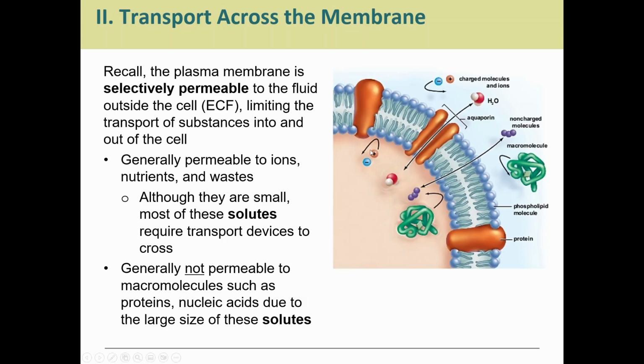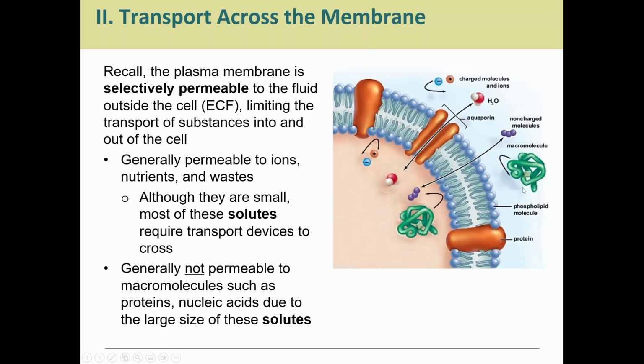Generally speaking, there are two rules to being able to pass through the phospholipids, and we see that in the picture here. If you are large, like this big macromolecule, you cannot get through between the phospholipids. So if you're large, it's a no. If you have a charge, like these little ions and molecules, you cannot pass through the phospholipids.